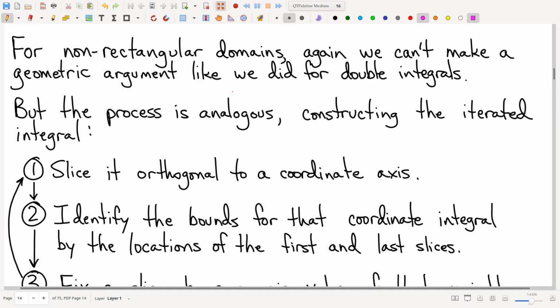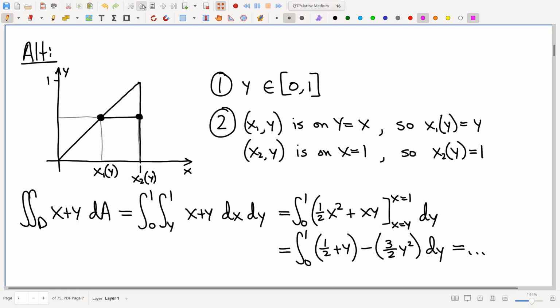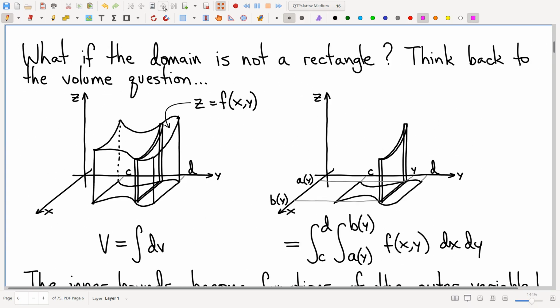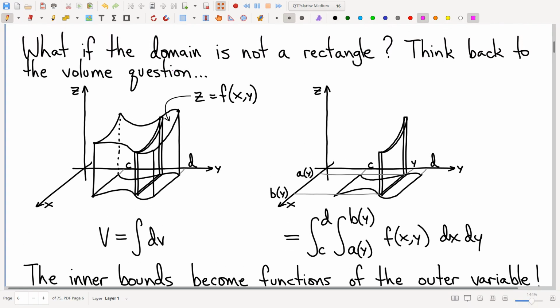I'm going to scroll back a ways. Whoops, right, I went too far. There we go. When we had two-dimensional non-rectangular domains, remember the big idea was that you're still chopping it up into little slices, right?